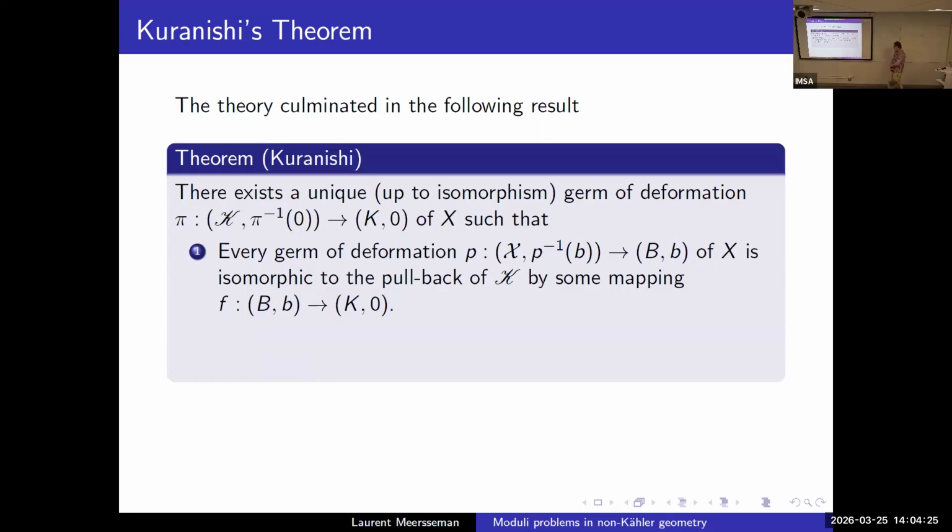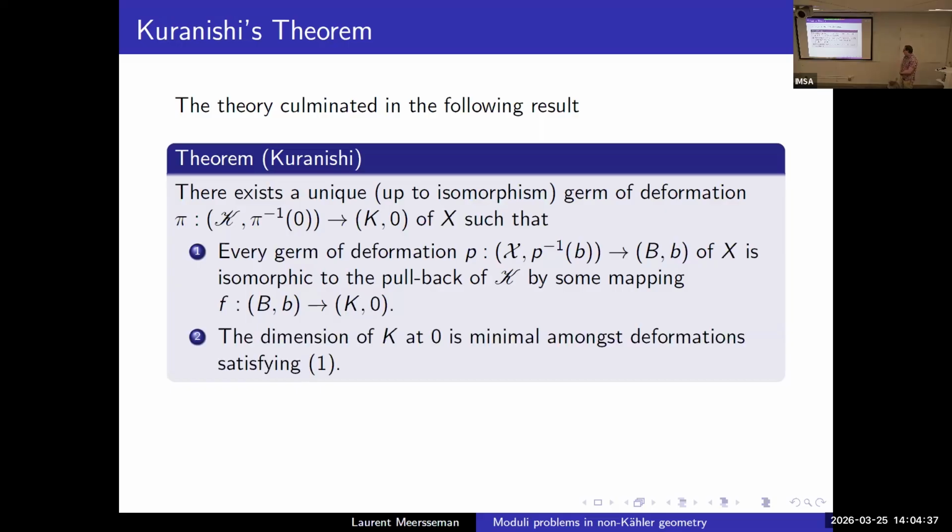You cannot expect that. But fixing markings of the family, you can expect that the differential of F at the base point is unique. There is another way of saying minimality, which is that the Zariski dimension of K, the base of your Kodaira family, is minimal amongst complete deformations. Okay, so I will call K as usual the Kuranishi space, and the germ as the Kuranishi germ.